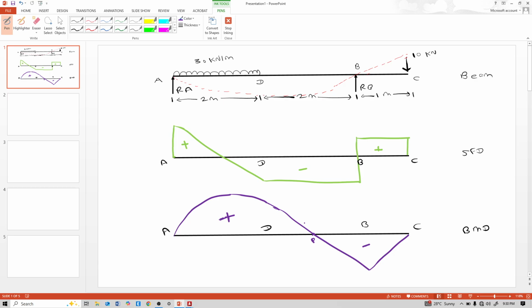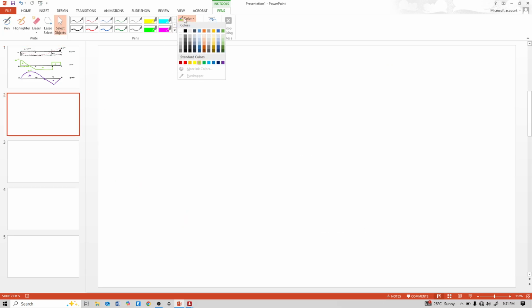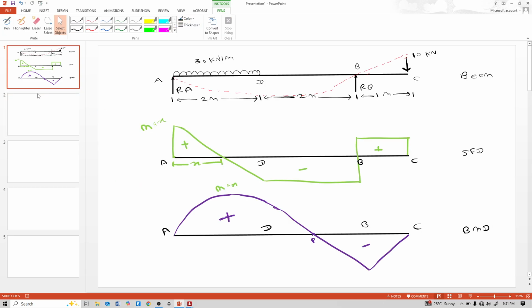As per my judgment, here is the maximum shear, and this is the maximum moment. The maximum moment is at a distance x from point A, where the shear force is 0. Now let's calculate the reactions first. Upward direction force is positive and downward direction force is negative.